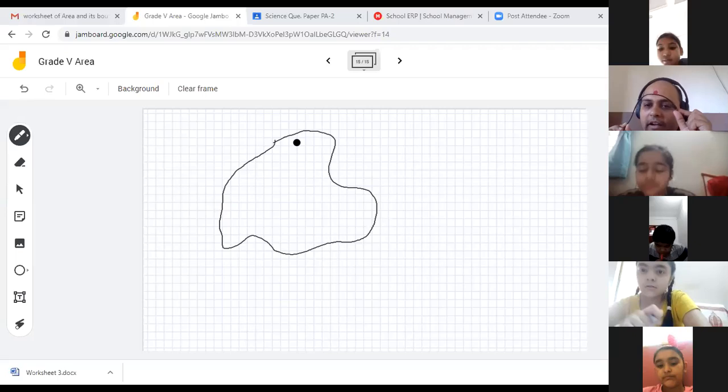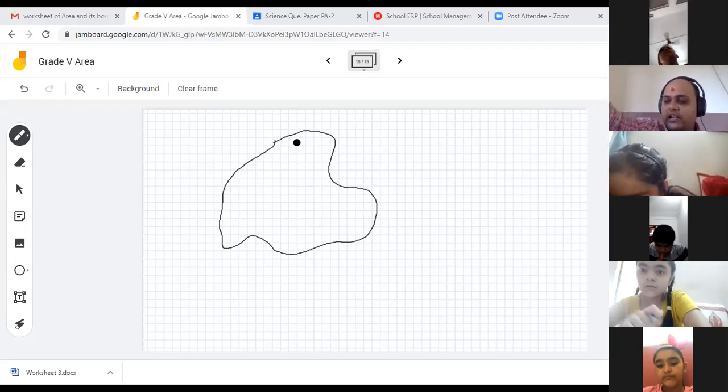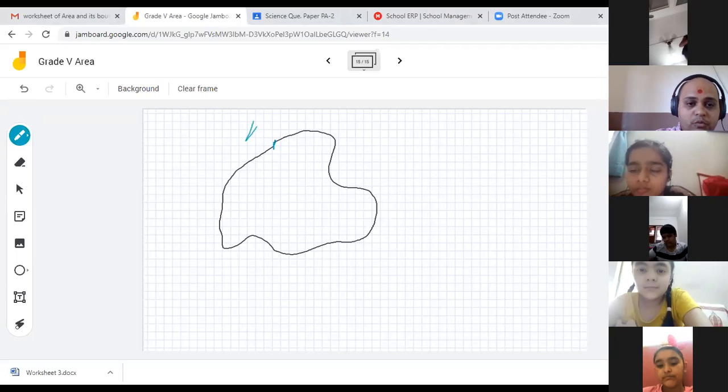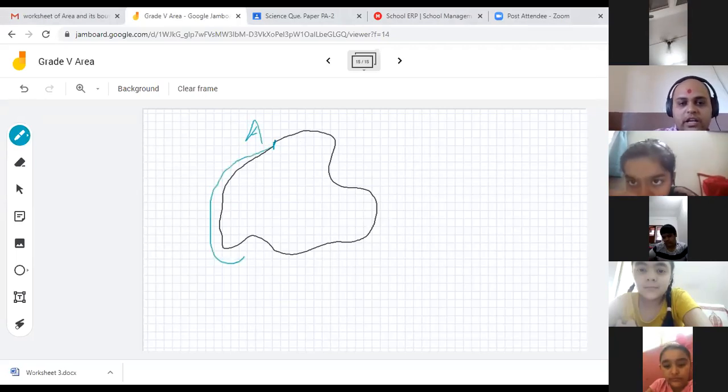Okay, understood? Sorry, this is the perimeter. My bad again. This one is perimeter. Okay, I will start with point A. If this is point A, I will start in this direction walking, and I will put the thread along the border and I will come back to A.